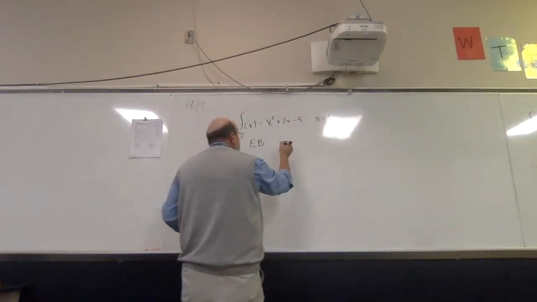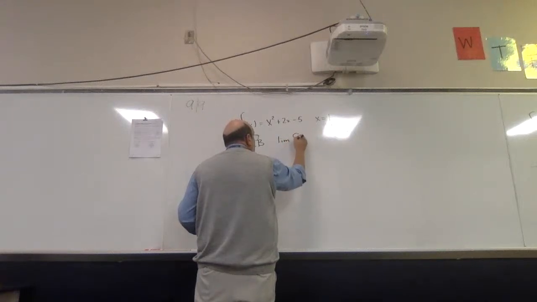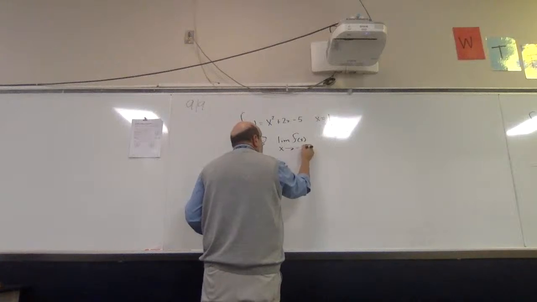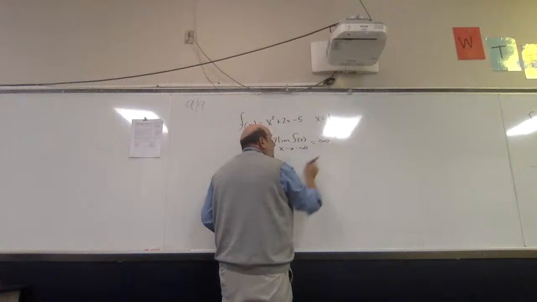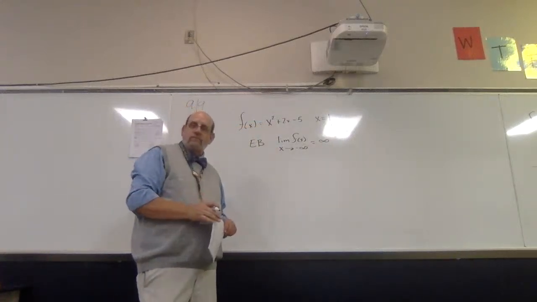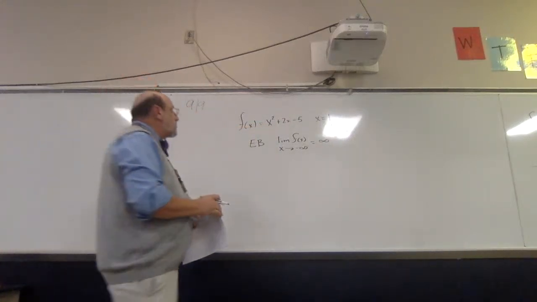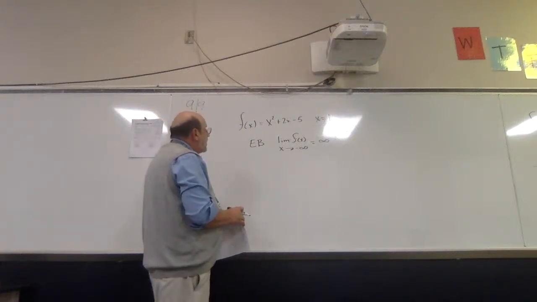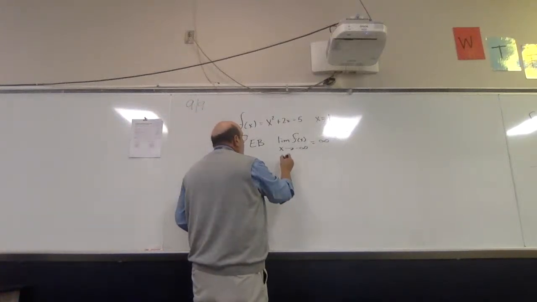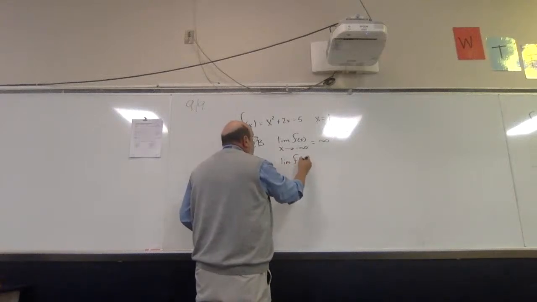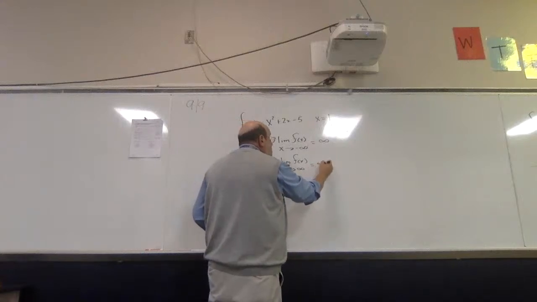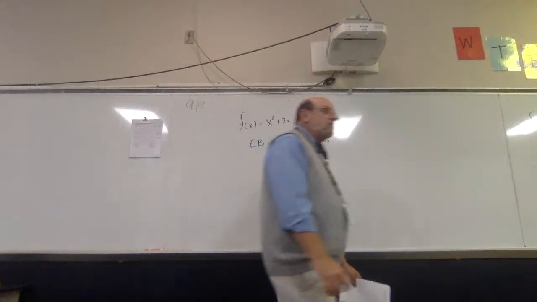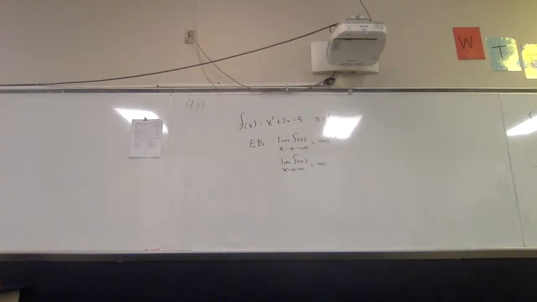The limit of this function as x approaches negative infinity is... And then the limit of this function as x approaches infinity is the same. That's so cool, sir. I love math.